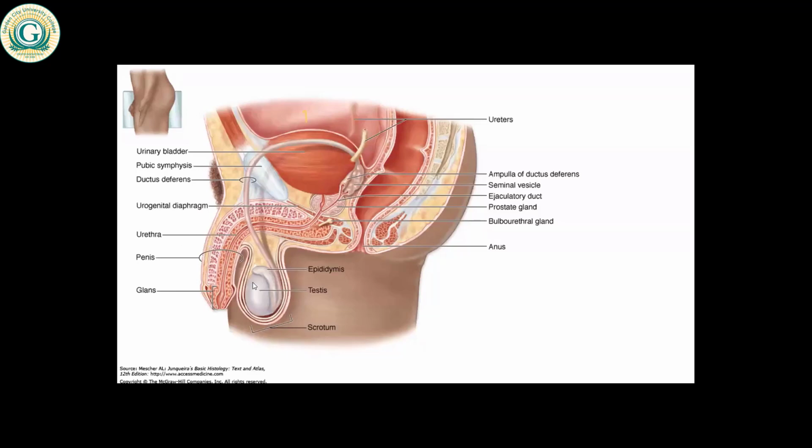Now look at it. This man is standing in an anatomical position, or this is a sagittal view. It means that he's standing there. So anytime a man is standing, listen to me carefully, this portion is against gravity. It means sperm movement here will be against gravity. You see, gravity pulls everything down. So if the man is standing, these sperms are moving against gravity.